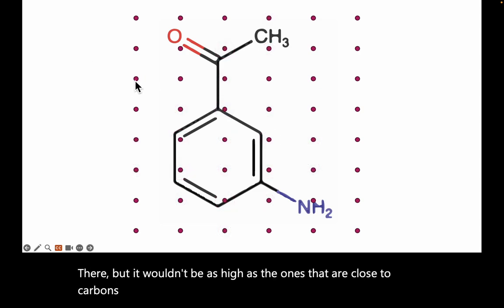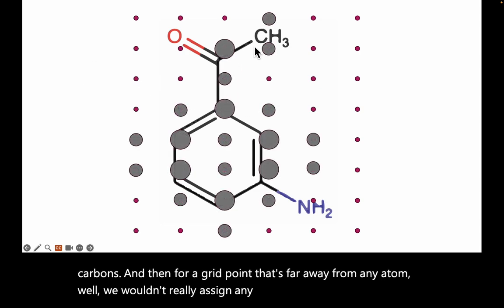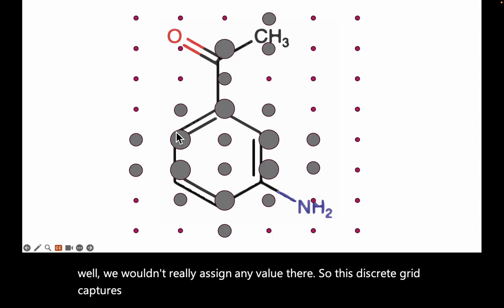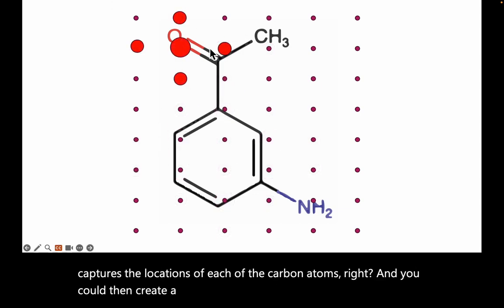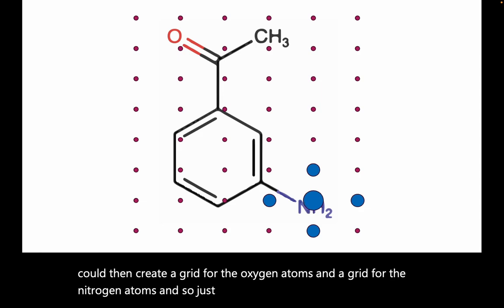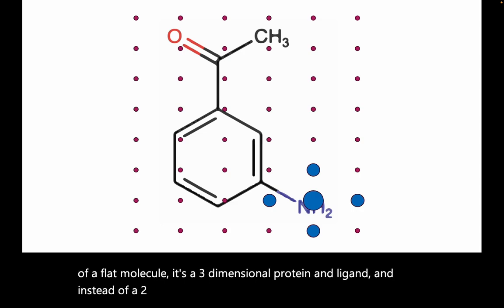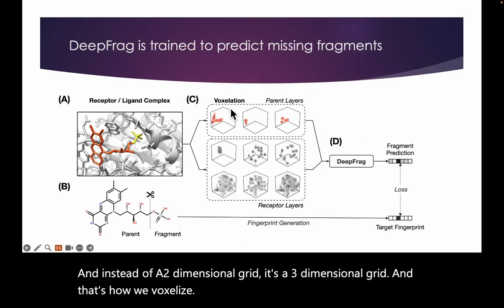And then, for a grid point that's far away from any atom, we wouldn't really assign any value there. So this discrete grid captures the locations of each of the carbon atoms, right? And you could then create a grid for the oxygen atoms and a grid for the nitrogen atoms. And so just imagine the same thing, except instead of a flat molecule, it's a three-dimensional protein and ligand, and instead of a two-dimensional grid, it's a three-dimensional grid. And that's how we voxelize those different atom types, right?